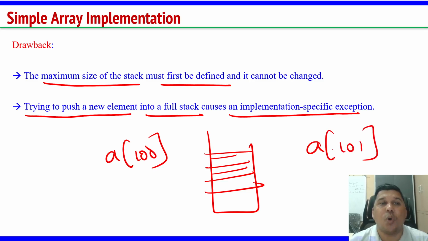Will that be accepted? No, it cannot take it. It will give some exception, like array out of bound exception, or index error it may throw. So that is the drawback of array implementation.